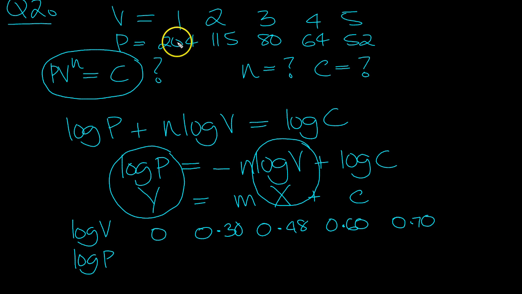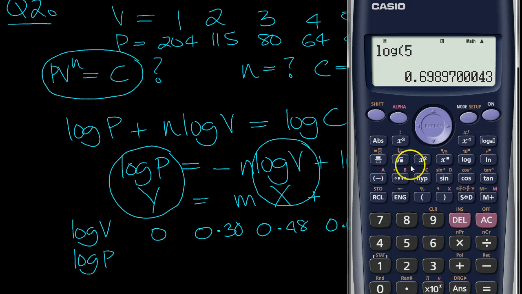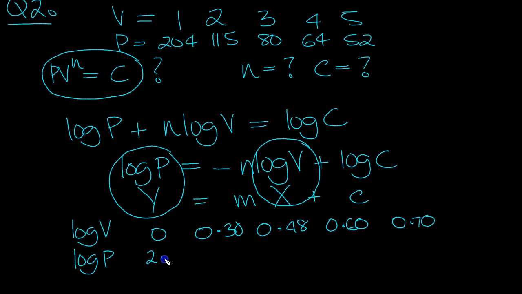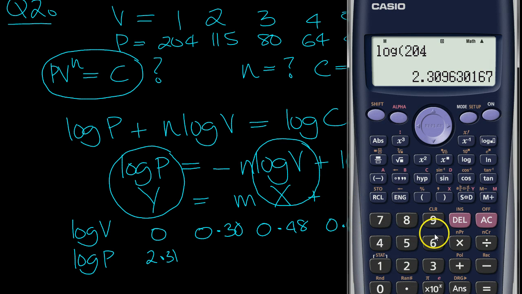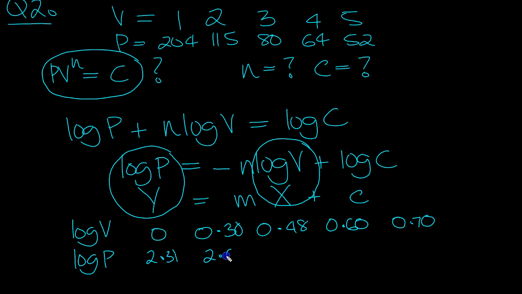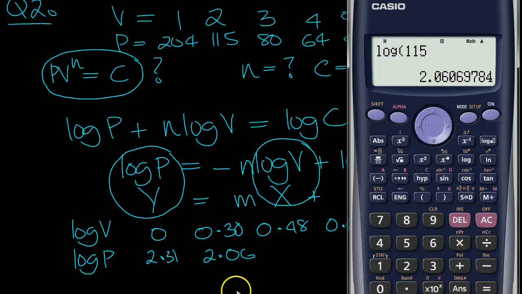And then log P now, log 204, 2.31. Then log of 115, 2.06. And then log 80, 1.90.